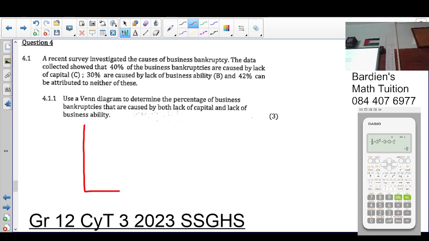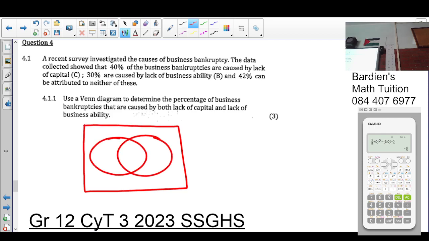So if we draw a Venn diagram here, this is what they expected you to have done. If they're talking about percentage, your sample space, of course, is 100%. Okay? So, lack of capital is going to be 40%.